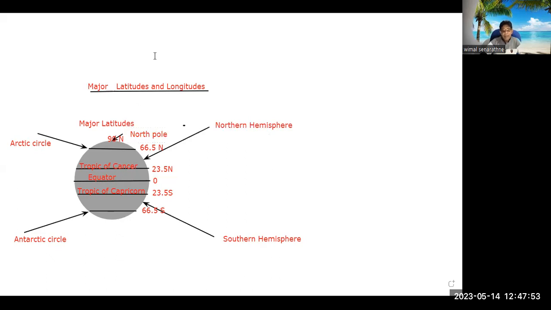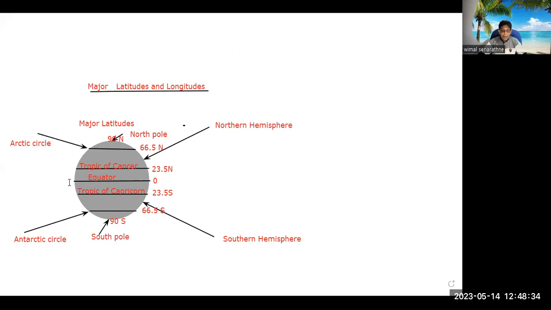Okay, then this place, 90 latitude south, is called South Pole. Now those are the important latitudes found on the geographical globe or model globe.